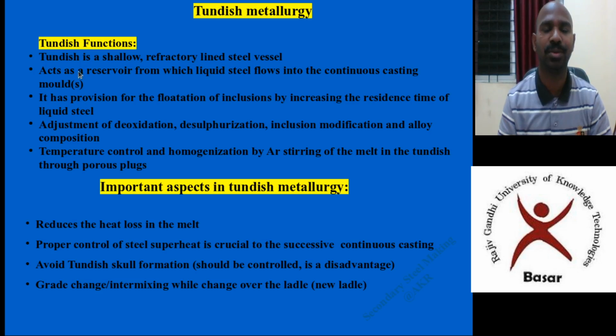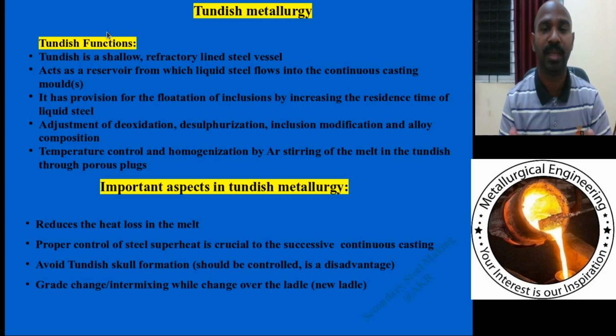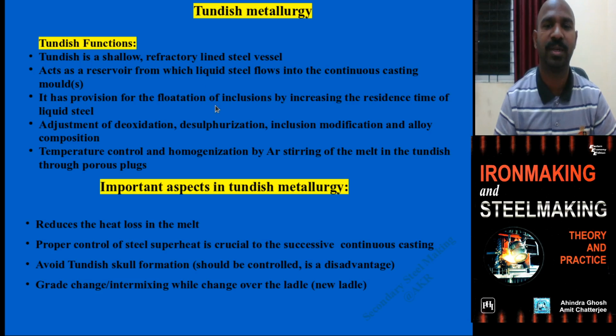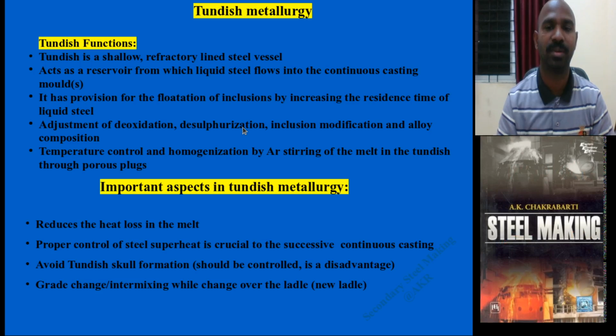The tundish functions as a reservoir to flow liquid steel to the continuous casting mold. It has provision to float out the inclusions, and you can modify the inclusions while the liquid steel resides within the tundish, and you can adjust the deoxidation. You can do desulfurization by adding CaO.